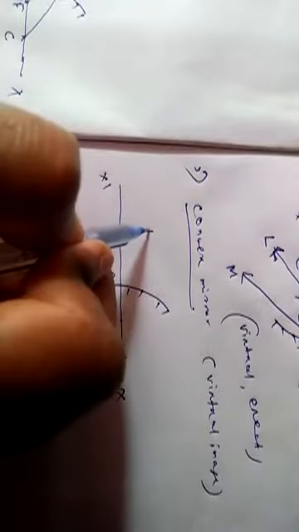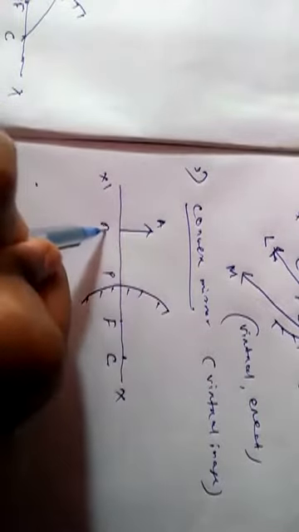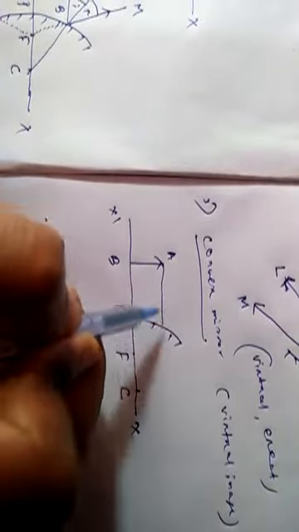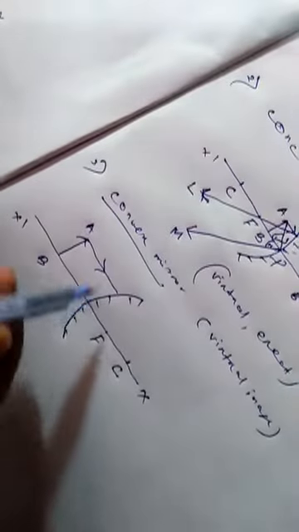Take an object, AB. Take a light ray that goes parallel to principal axis. After reflection, it appears to pass through focus. So this is the reflected ray, KL is the reflected ray.